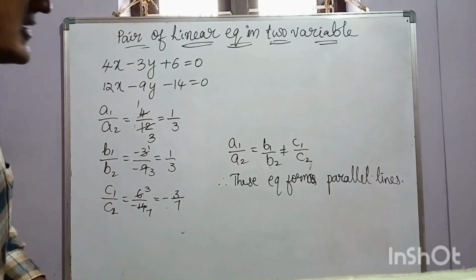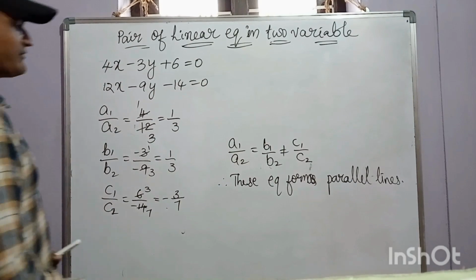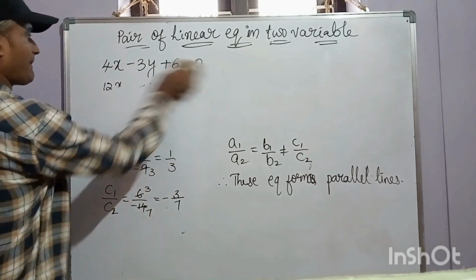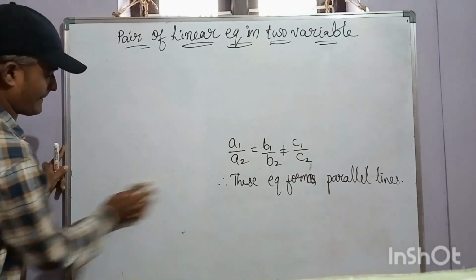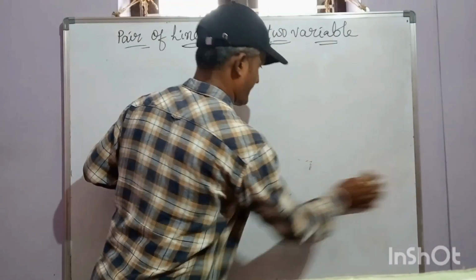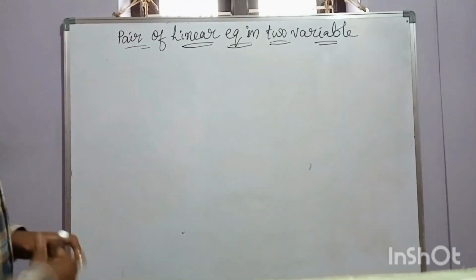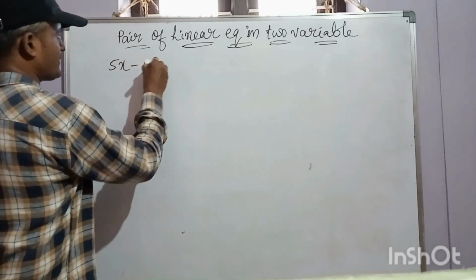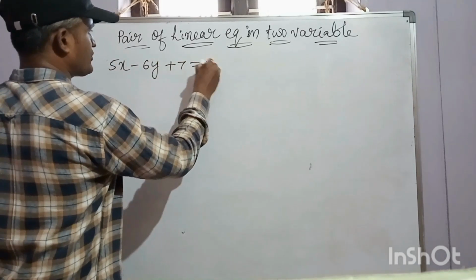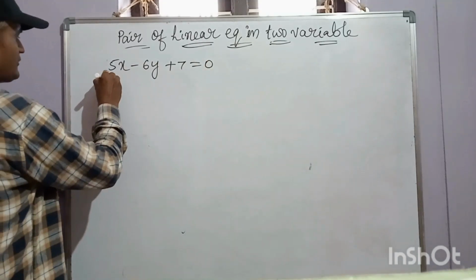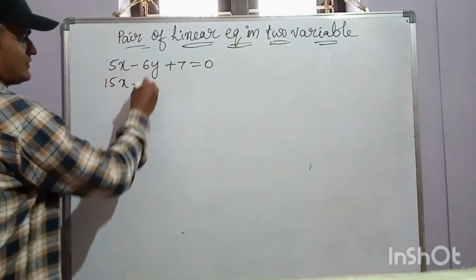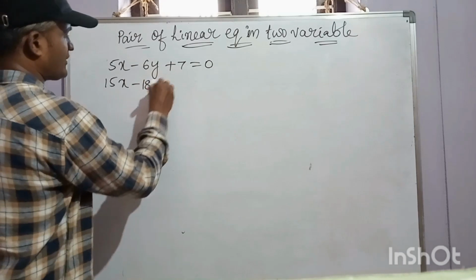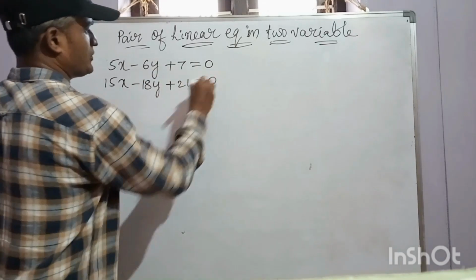Okay. Next, we take one more equation here. 5x minus 6y plus 7 is equal to 0, and 15x minus 18y plus 21 is equal to 0.